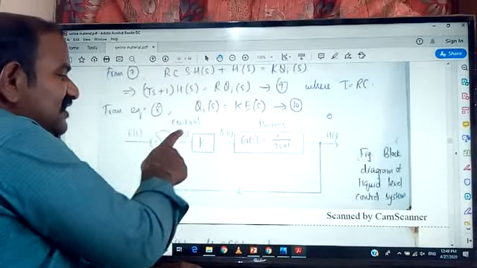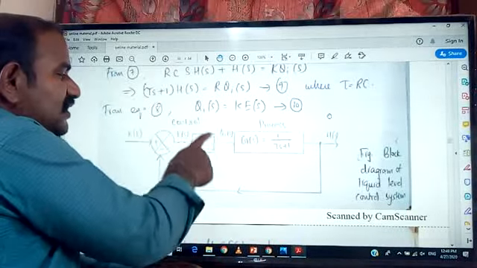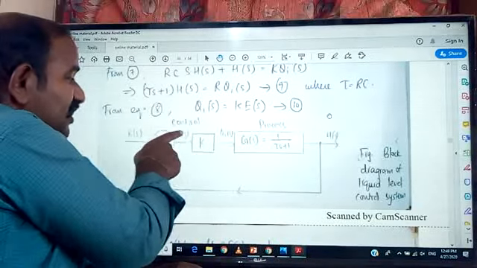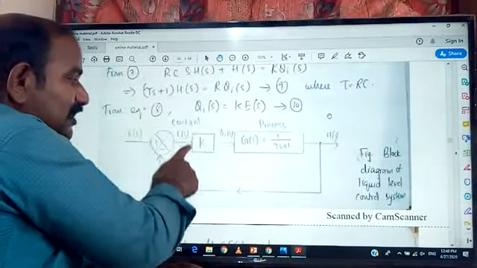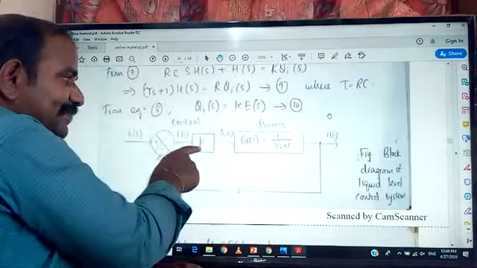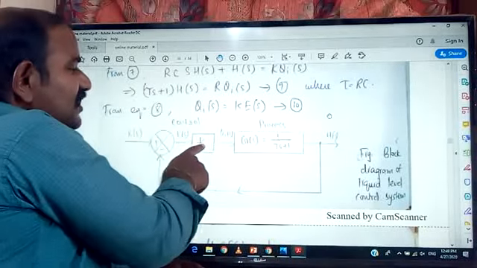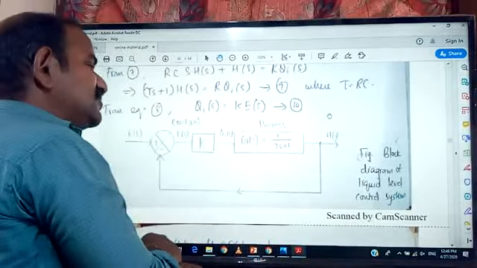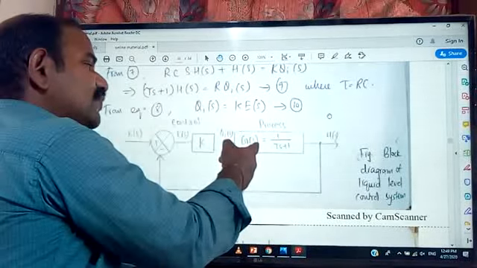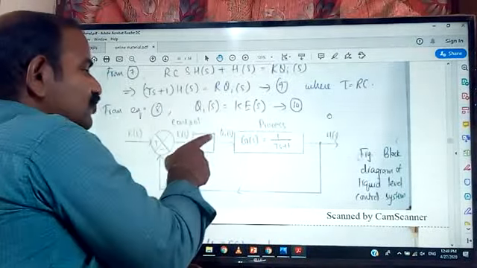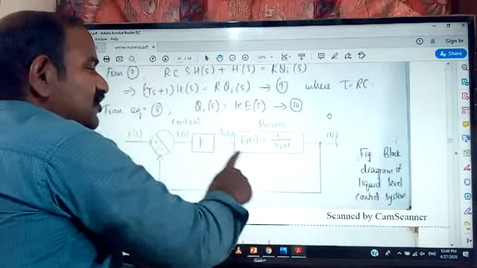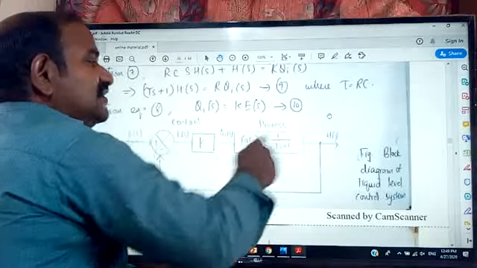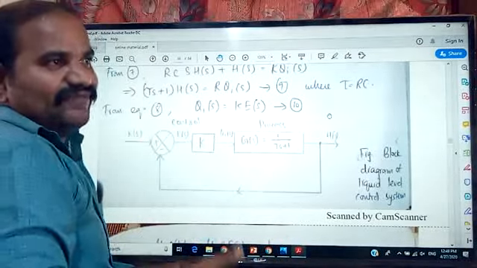The error signal is given as an input to the controller block, whose gain is K. After that, this is given as an input to the process element, which is equal to 1 by tau s plus 1. The output of the process element is taken as the present height of the liquid within the tank.